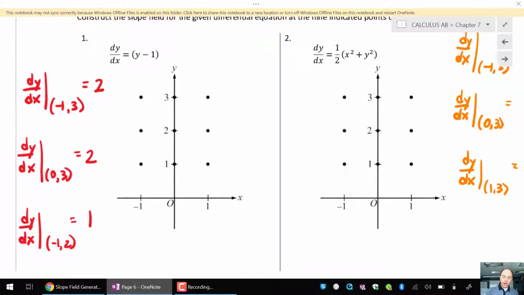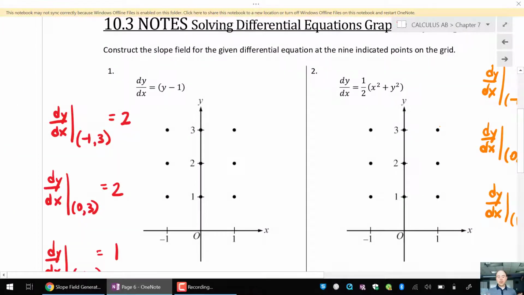So look with me at number 1. Here's the differential equation. dy dx is defined as simply y minus 1. Now, it says to sketch a slope field at the 9 indicated points on each one of these grids. And the 9 points are basically just shown here by these little dots. So the first ordered pair here on the upper left would be the ordered pair -1, 3.